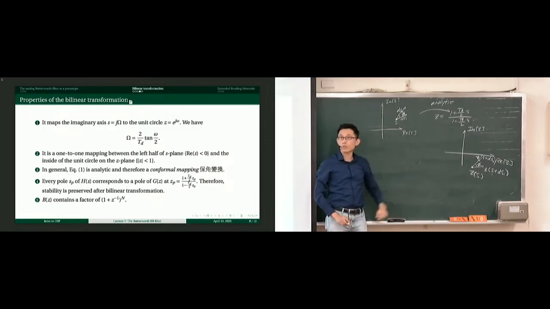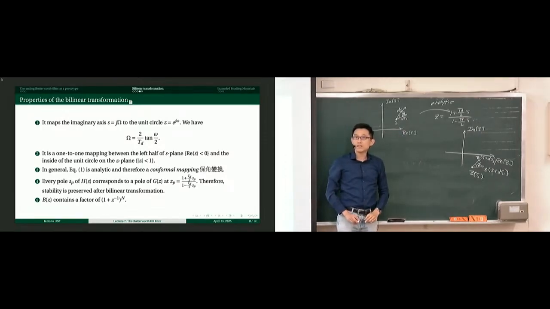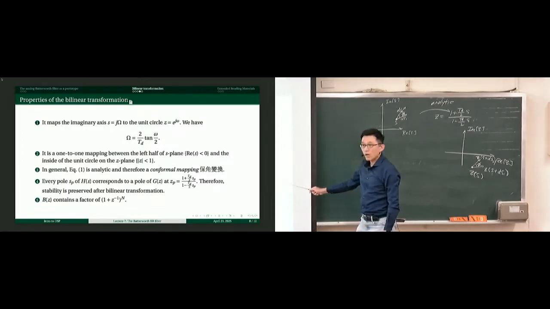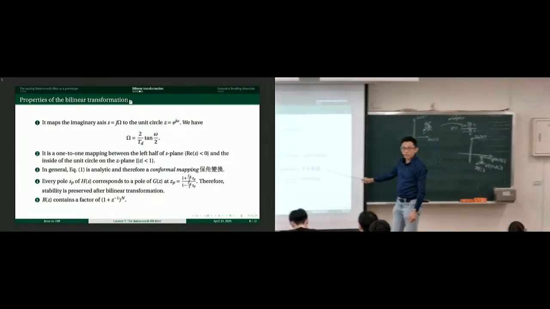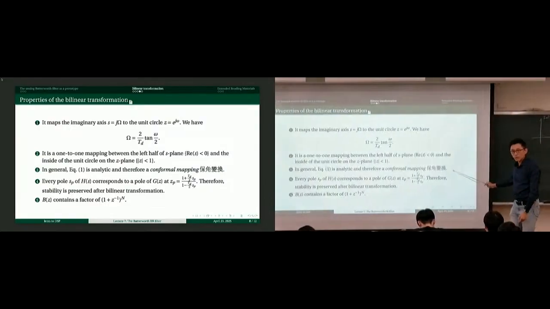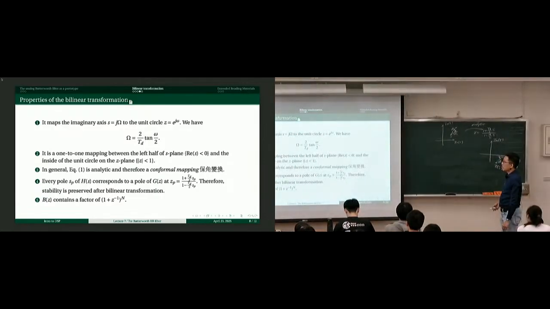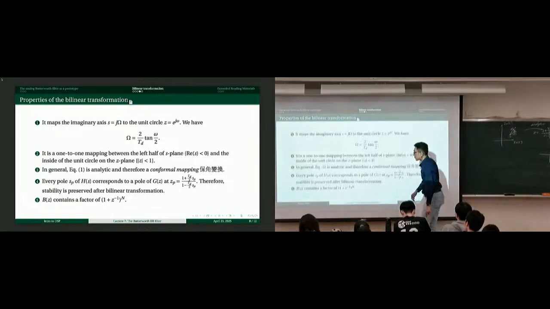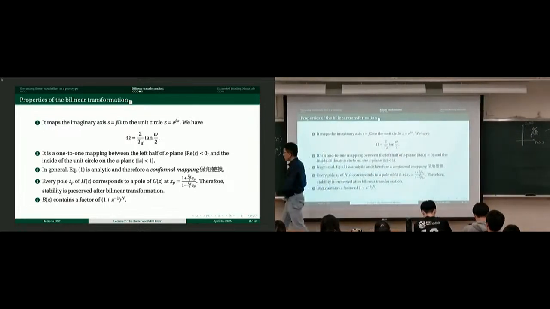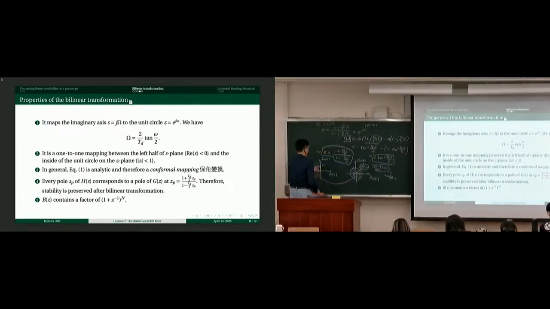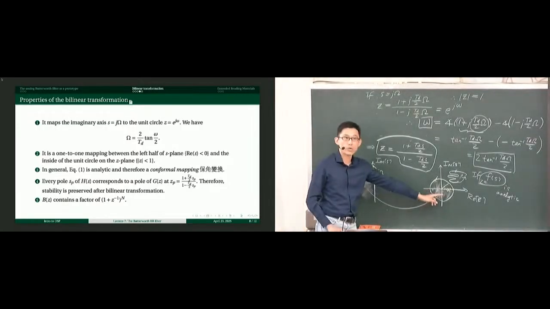It is a conformal mapping. Okay, so why do I want to mention this? Any questions so far? So far so good. Conformal mapping. Tomorrow, I invite you to think about this: the imaginary axis is mapped to the unit circle, and the left-hand side is mapped to the left-hand side, which is inside.